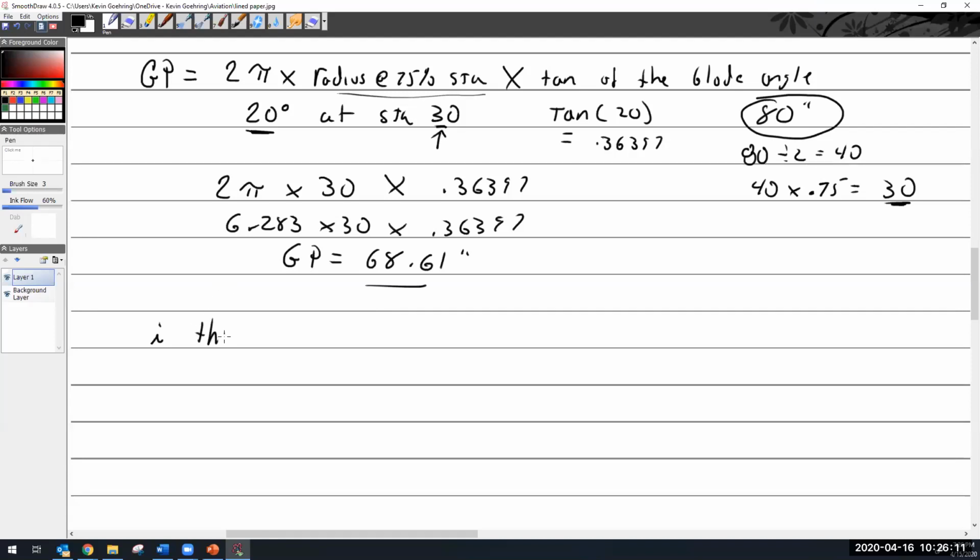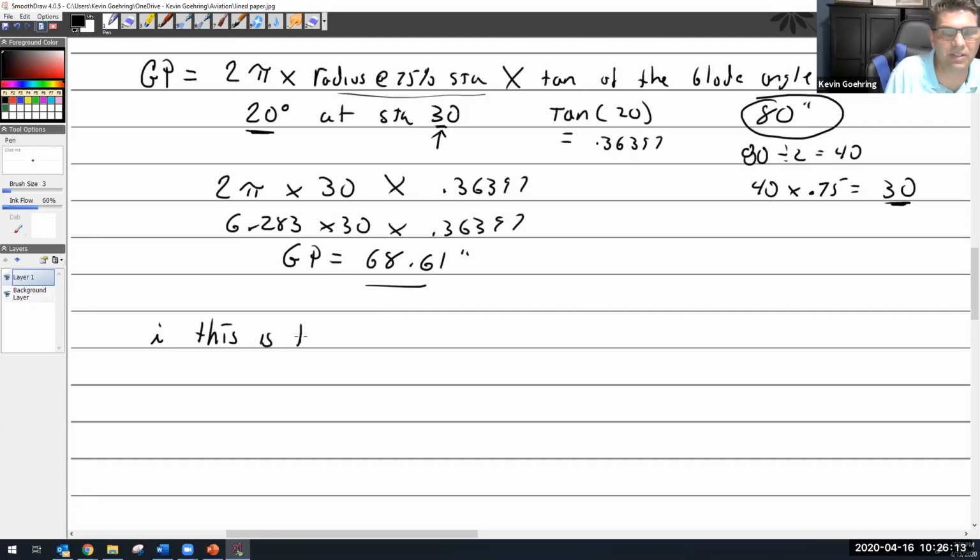Okay, so I'm going to say it again. This is the distance the aircraft would move forward 68 inches in one revolution. Yes, that is correct. 68.61 to be exact.